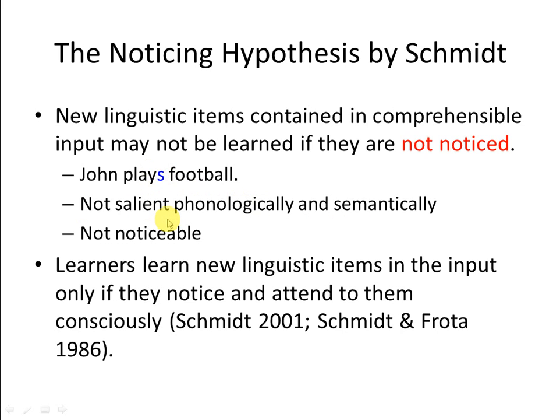So third person singular s is not noticeable. It is there, but it's difficult for the learner to notice. So in that kind of case, even if it is there and it is new to the learner, the learner may not learn it because it is not noticeable, because the learner cannot notice it is there.